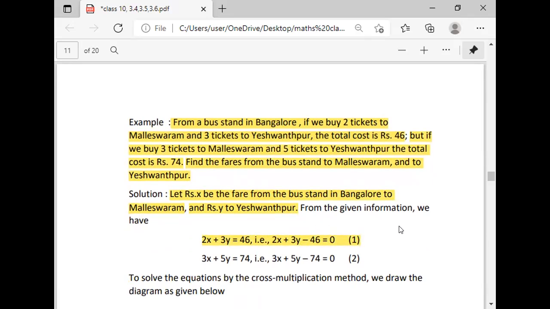Remember one thing: when you are about to use the cross multiplication method, always change the position of the constant from the right hand side to the left hand side. Don't forget it, otherwise the answer will be wrong.